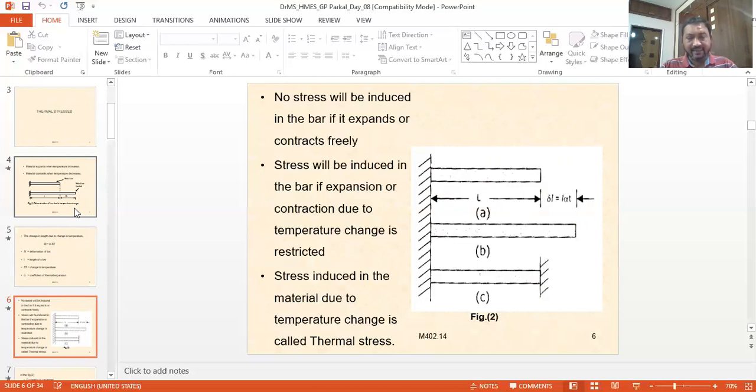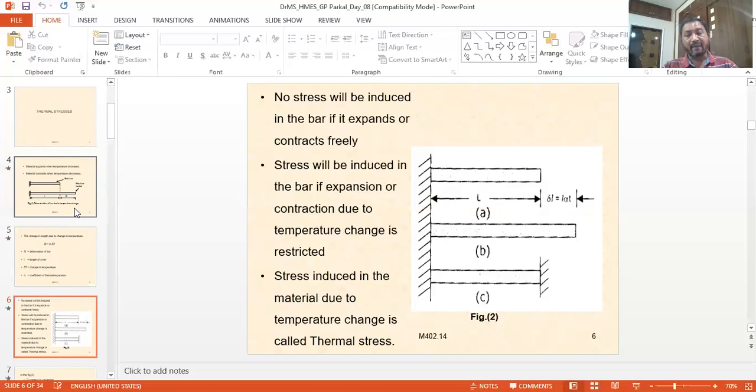When this expansion is allowed, no stress is developed in the bar. We must note that when the bar is allowed freely to expand and there is no obstruction for the elongation, no stress will develop due to the rise in temperature.